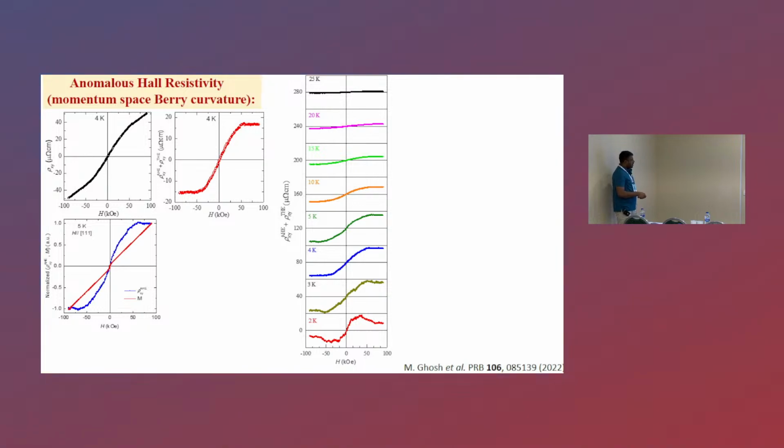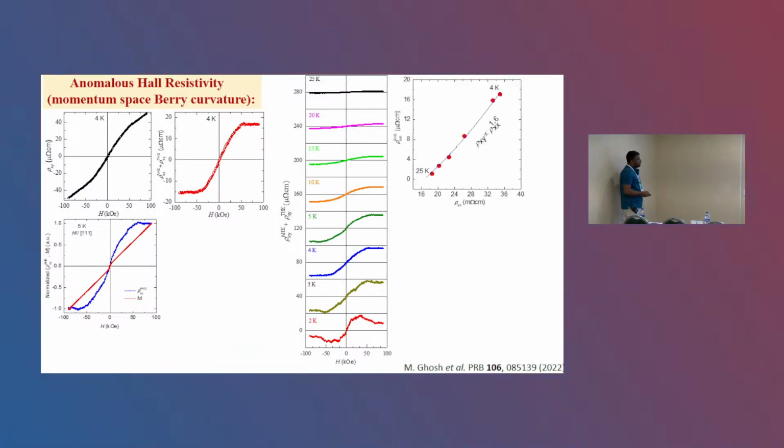So the magnetization origin is not the only origin; some extra origin is coming, which we assign to Berry curvature rather than the magnetization origin. So our anomalous Hall measurements confirm that there might be some linear crossing point inside the bands, which is acting as a fictitious magnetic field, and we are getting an extra component in the anomalous Hall resistivity.